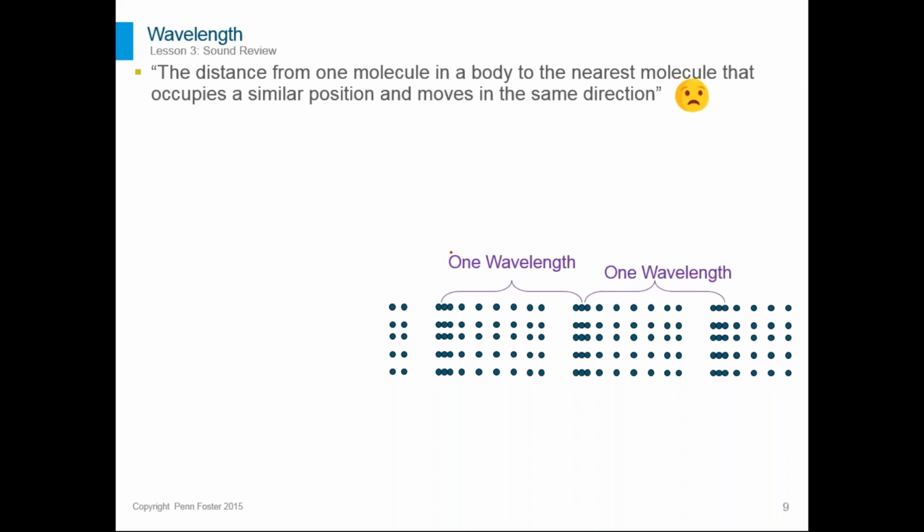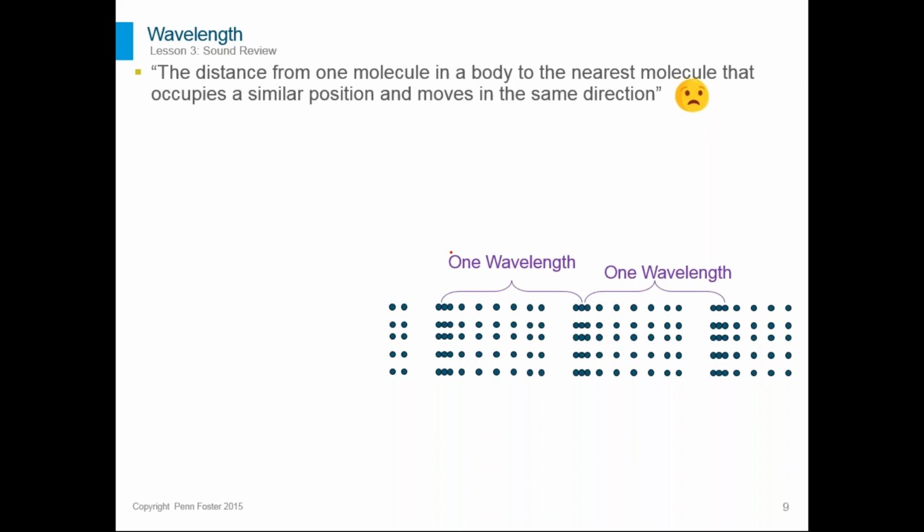The next wavelength is from the next compression to the next compression. So from compression to compression is one wavelength.